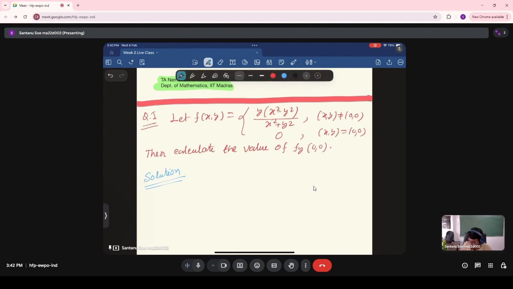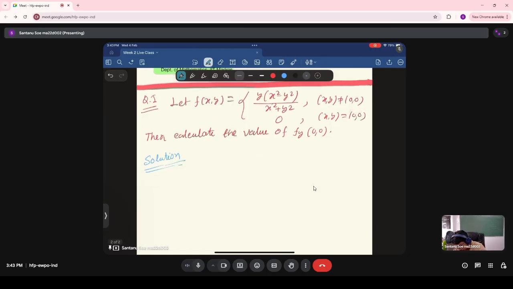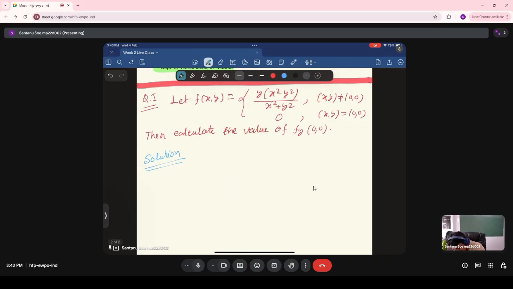Now, since we already know the definition of the partial derivative with respect to y at the point (0,0), we can just write the definition and then put in all the values. So fy(0,0) is nothing but the limit as k tends to 0 of f(0,k) minus f(0,0), divided by k.